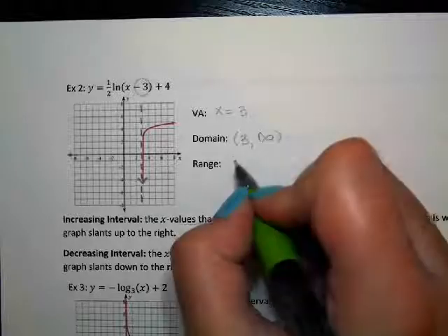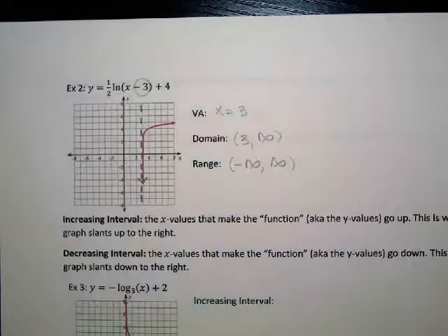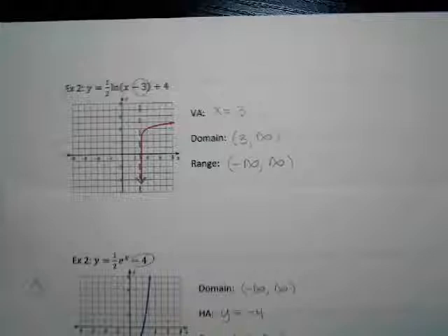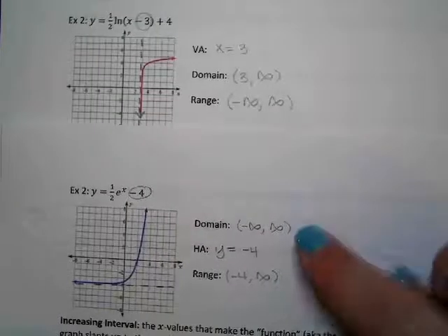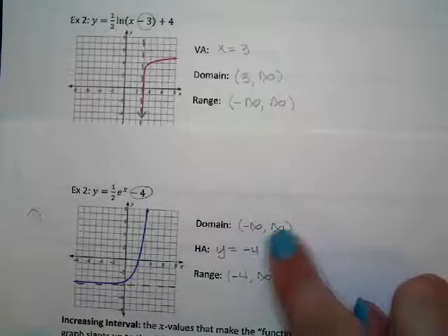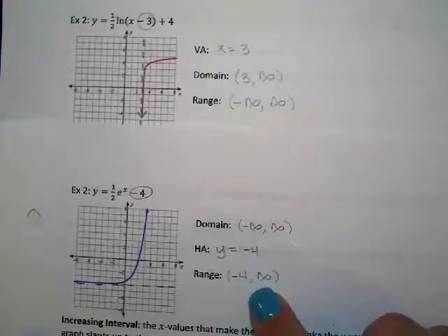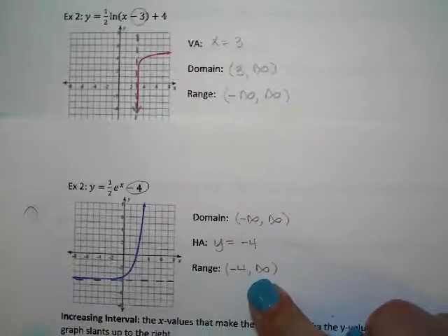And then for the range, it goes down forever and it goes up forever. So what you'll notice is that the answers that we had for domain and range last time have kind of flip-flopped. For our exponential functions, the domain was negative infinity to infinity for every single problem, and then our range was the one with the limitation because of the horizontal asymptote.